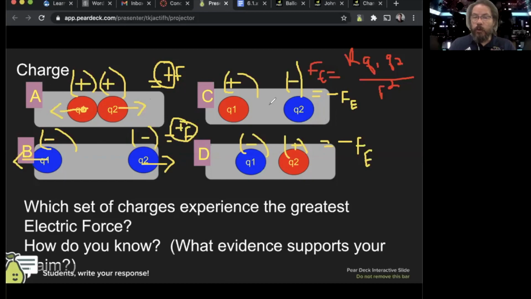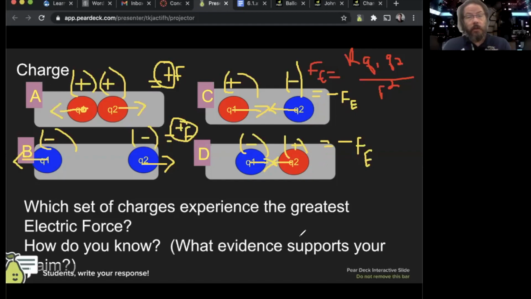A negative force means the particles are going to attract. So all the negative means is direction. It has nothing to do with how big the force is. It just tells you which way it goes.